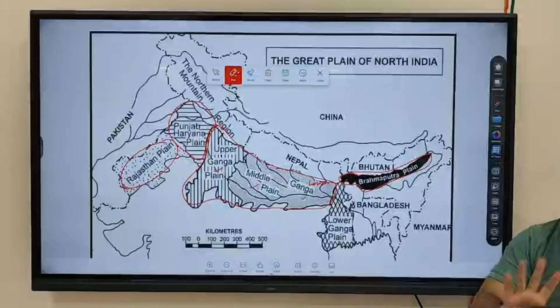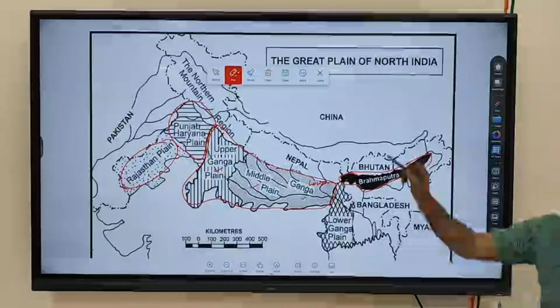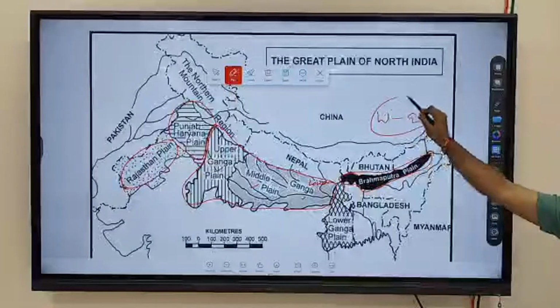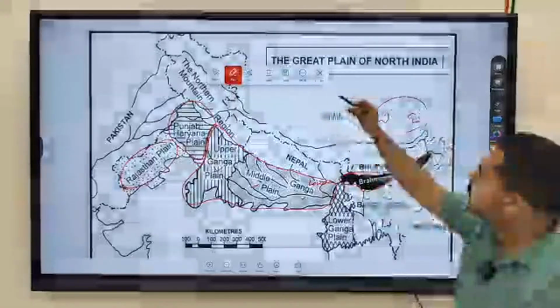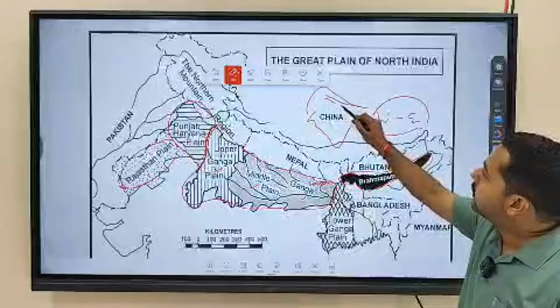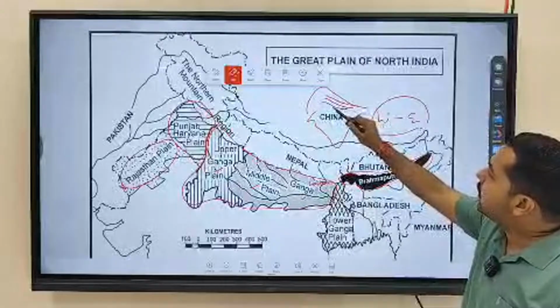Brahmaputra plains. When you are taking the north-south division, we discussed how the divisions are there. You'll find Babar, Tarai, and Bangar.